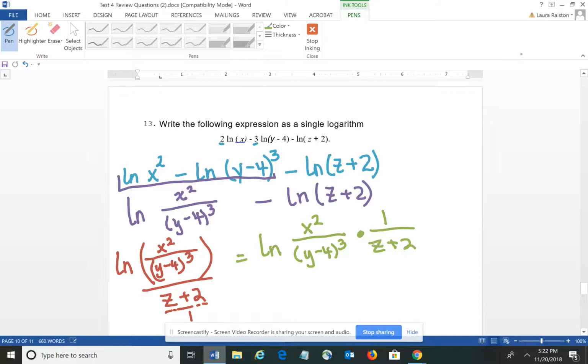Then we multiply the numerators together and the denominators together, and we end up with the natural log of x squared divided by (y minus 4) cubed times (z plus 2). And there's your answer.